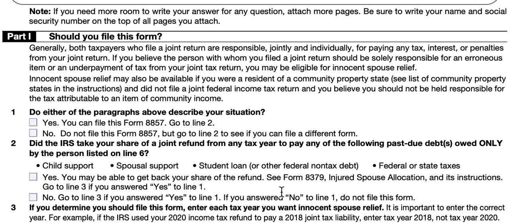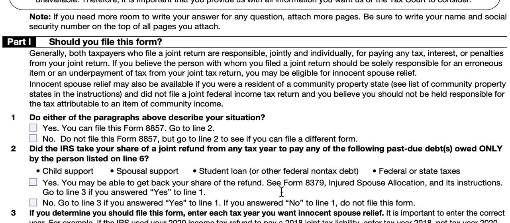If the IRS did take your share of a joint refund, then you might be able to claw that back. And that's what IRS Form 8379, injured spouse allocation, would be. If this is not the case, then you should go to line 3 if you answered yes to line 1. So if you answered no to line 1 and you answered no to line 2, then don't file this form at all.